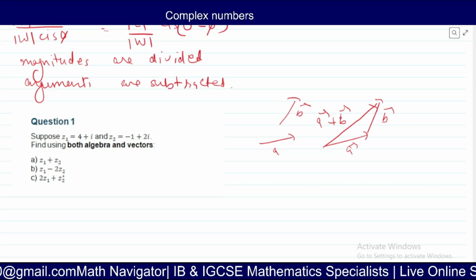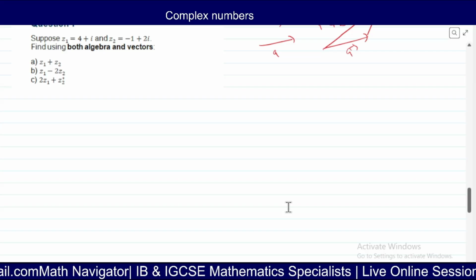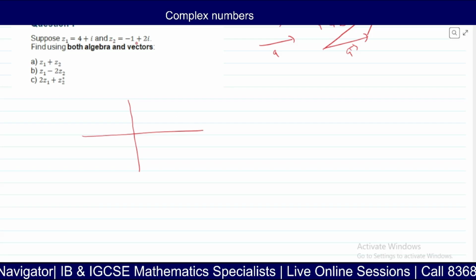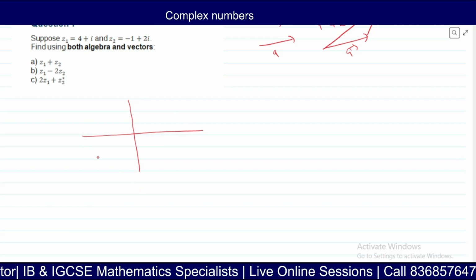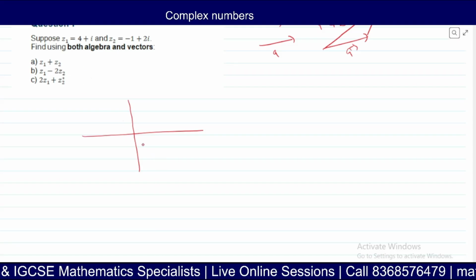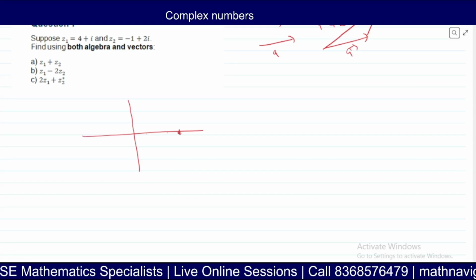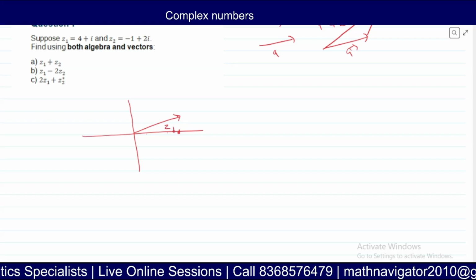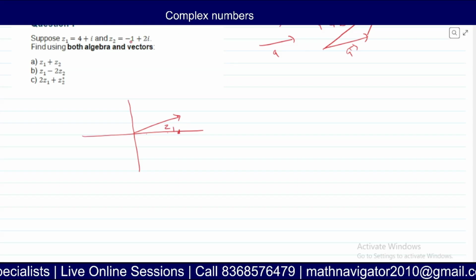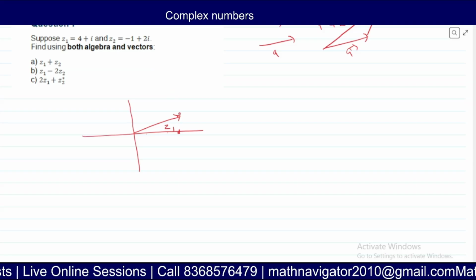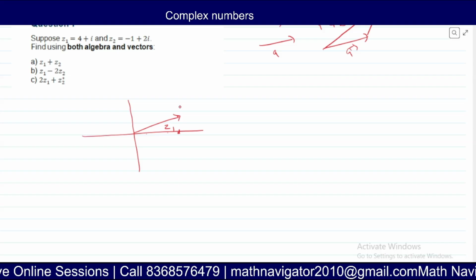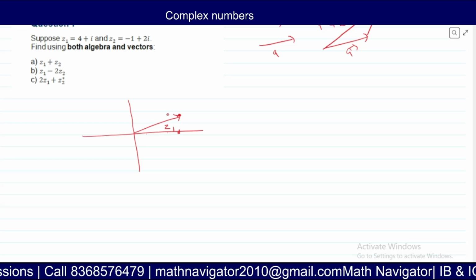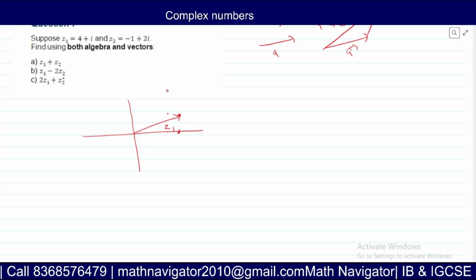The complex number is also like a vector only, right? So let's make this. z1 is 4 plus i and z2 is equal to minus 1 plus 2i. First I'll take z1: 1, 2, 3, 4, 4 plus i. So this is my z1, complex number. Now when I'm making the vector, I'll start from here because I want to keep my vector here, so this will be my origin. So negative 1 and then 2i.